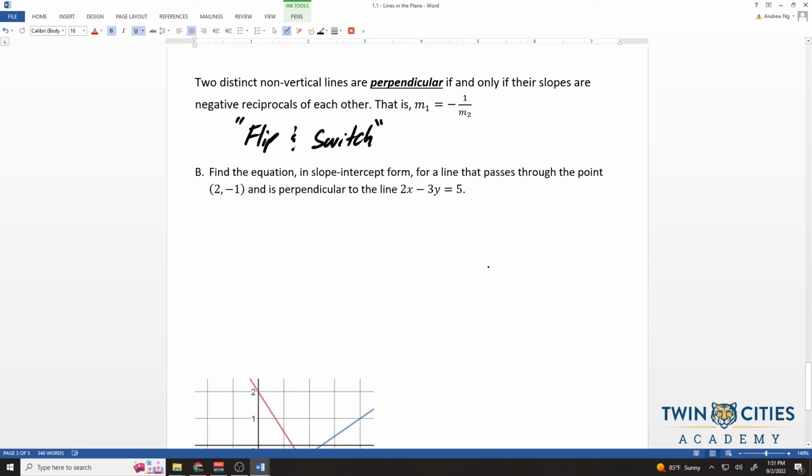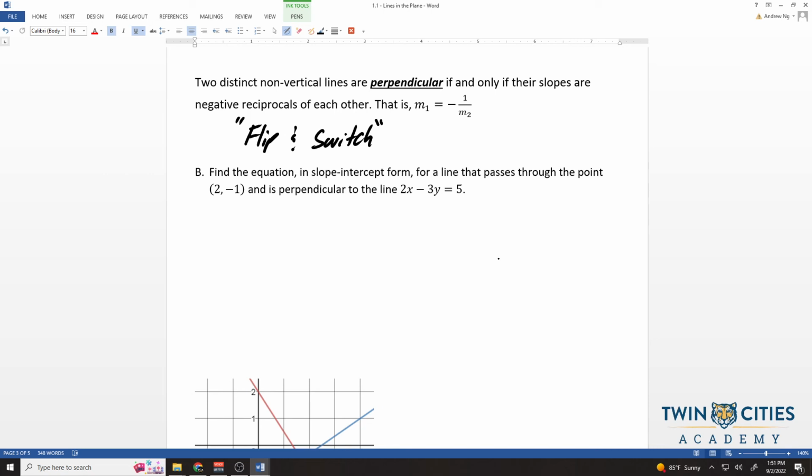What that means is, whatever your first slope is, write it as a fraction if it's not already a fraction. Flip it upside down, so the numerator becomes the denominator and the denominator becomes the numerator, and then switch the sign. If it was positive, it becomes negative. If it was negative, it becomes positive.